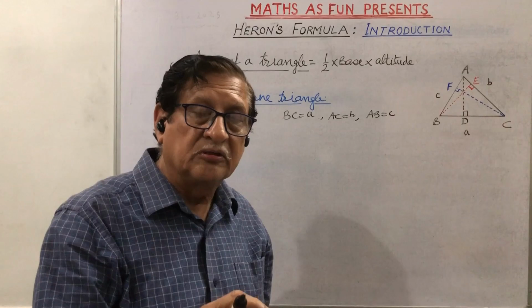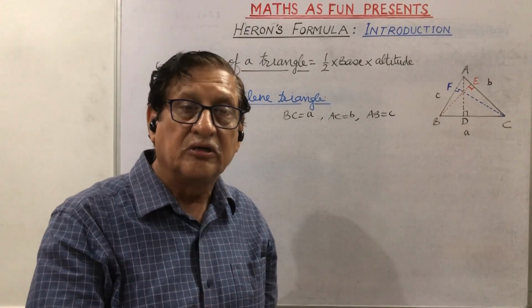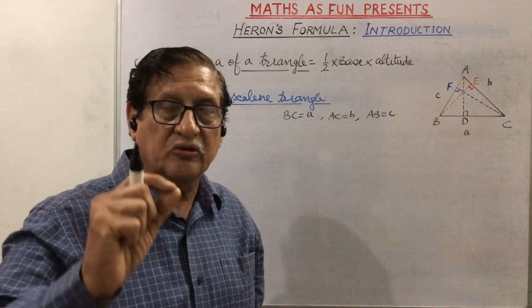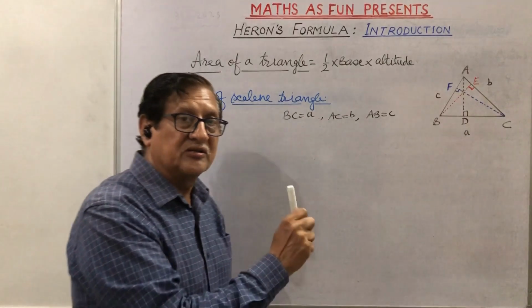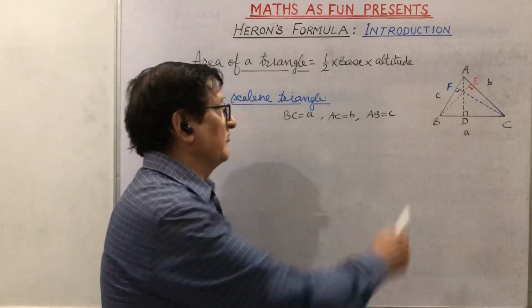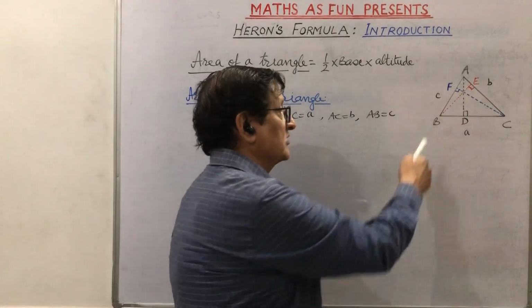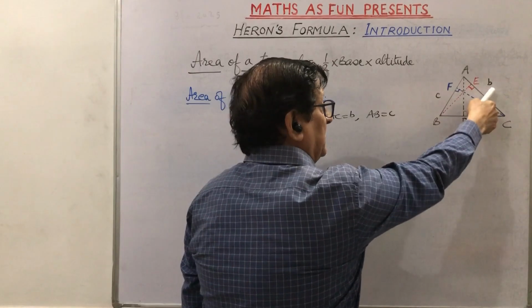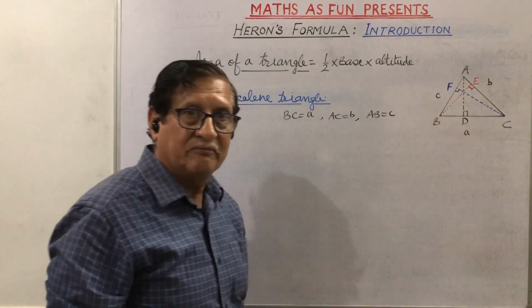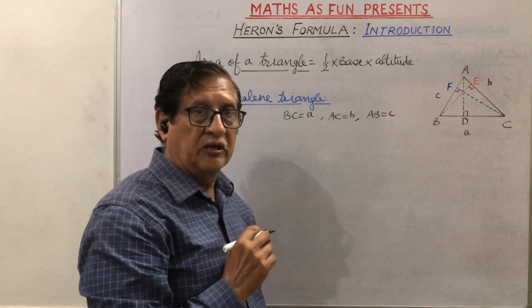Now we have to discuss the area of a scalene triangle. We know a scalene triangle means no two sides of the triangle are equal. It means all the three sides are different in length. Here we have another triangle ABC. The sides of this, BC is given as A, AC is B, and AB is C. Then how to find out the area?